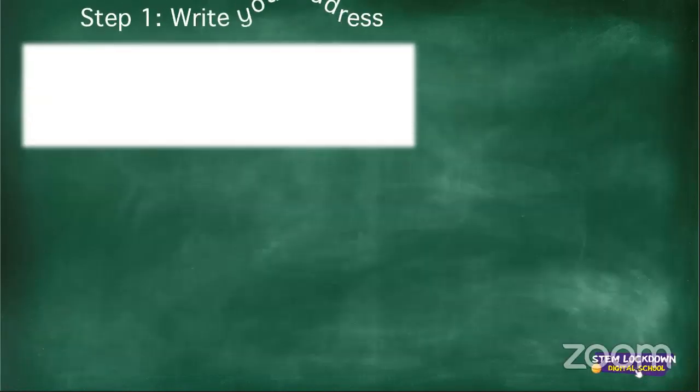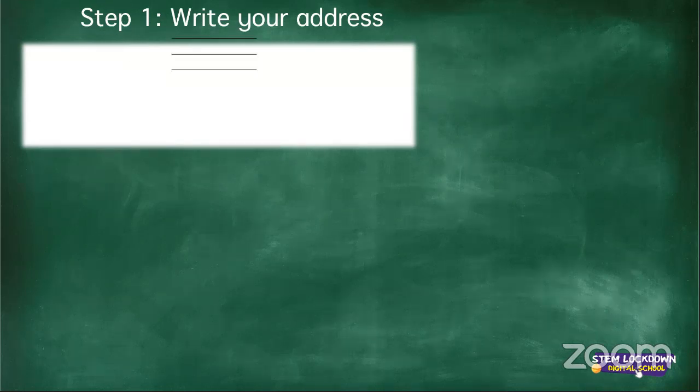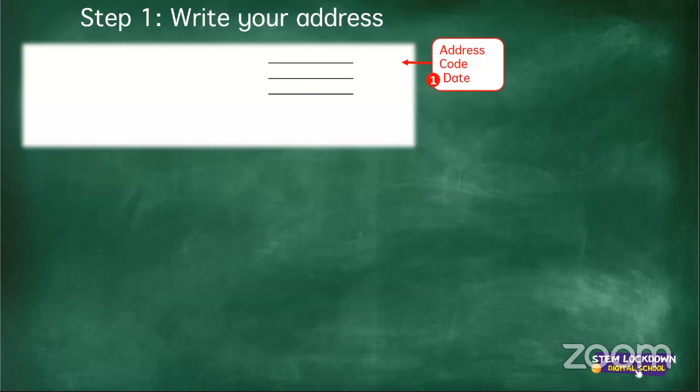Always good to plan your letter. Now we're going to do this step by step, so that you practice writing a letter. So start on a clean full page and write your address, your code, and the date. And these are the things you leave out when you are reading your letter.